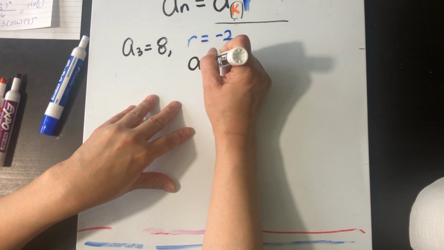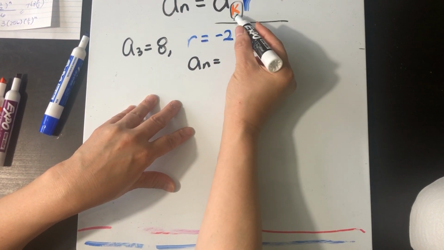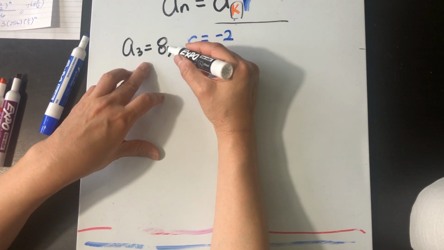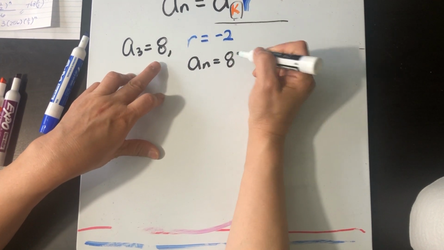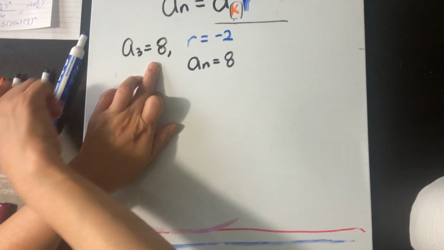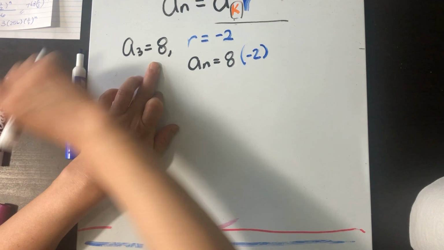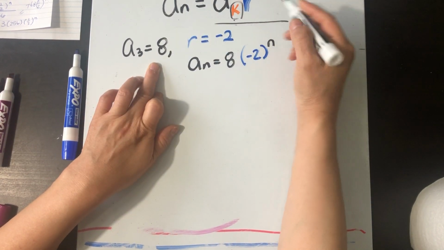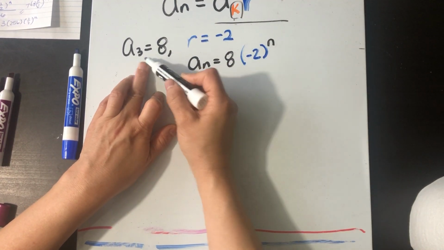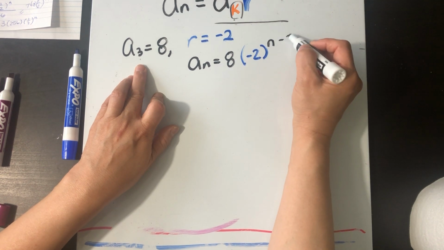An equals ak. The first one given is this one, right? So 8, and then r is negative 2, so you're given negative 2. And then n minus, since k is the third term, minus 3.